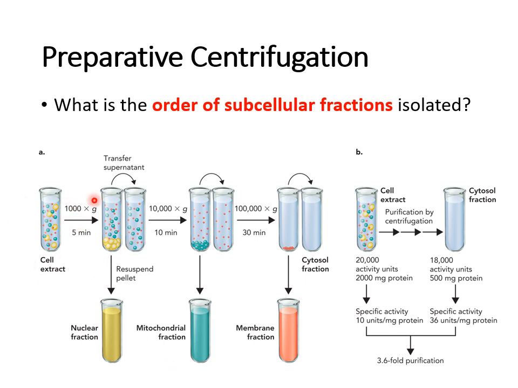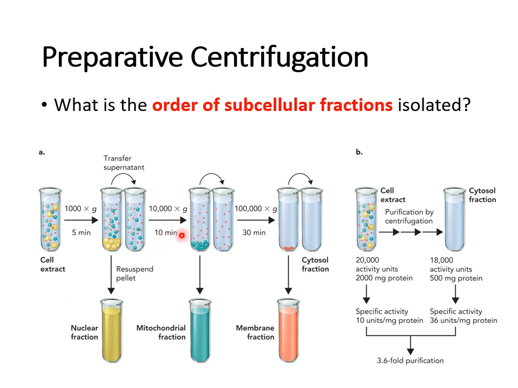Based on the amount of time and the speed at which you're running that centrifuge, you can collect different fractions. You'll notice that the larger and more dense will sediment first. For instance, over here, you see the nuclear fraction will be first. That's the largest and most dense of the subcellular fractions.